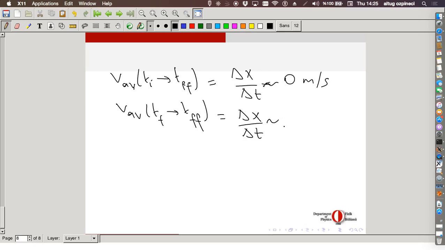So what's this average velocity between the time he was here until the time he reached his seat? You see, the x initial is 0 meters, x final is 4.5 meters. T initial is 3 seconds, and T final is 13 seconds.